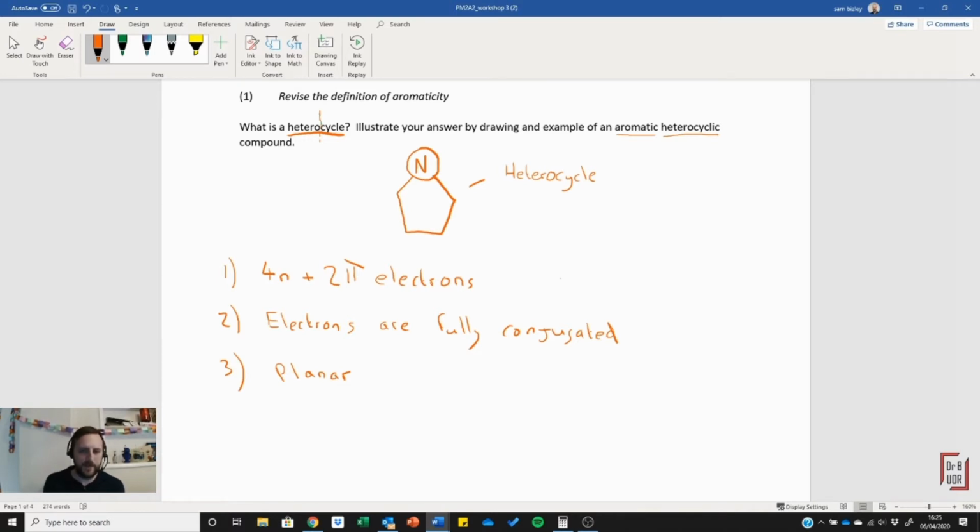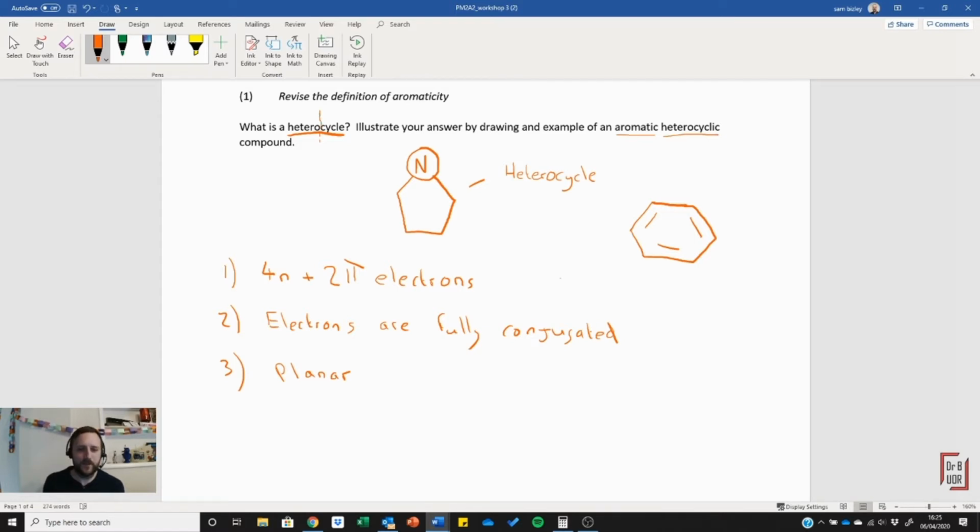If we go back to benzene, because it's the easiest one to start with, I'll draw in the double bonds here. So 4n plus 2 pi electrons. And you might think, well, what is this n? In reality, n can be any number.